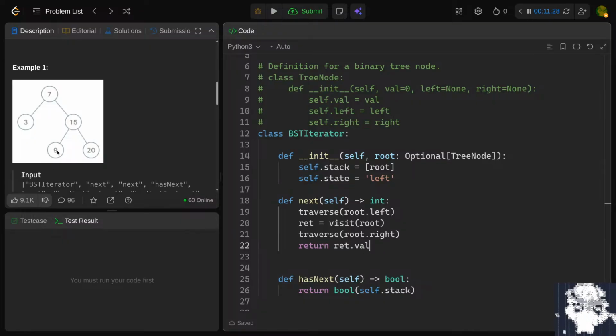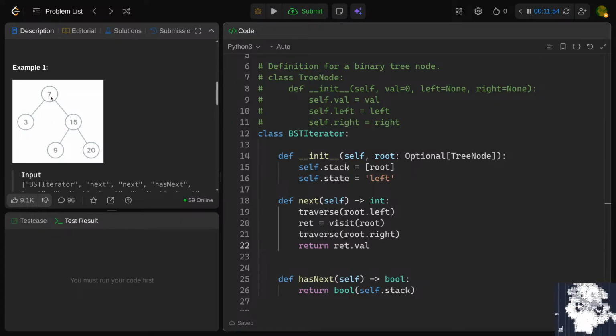After yielding 9, you go up and you wait. After yielding 15, you go right and you wait. After yielding 20, you're done. Okay, after yielding 3, you go up and you wait.